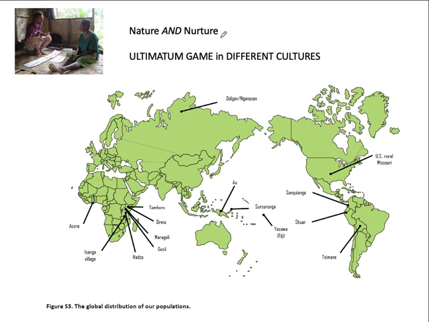Once the proposer communicates their decision, the responder has the option to accept or reject. If the responder accepts, then the money is split according to the original proposal. However, if the responder rejects, both players receive nothing. And that outcome, a rejection of the proposal, is considered a spiteful sort of behavior because no individual is getting anything. Right? There's a cost both to you and the other individual.